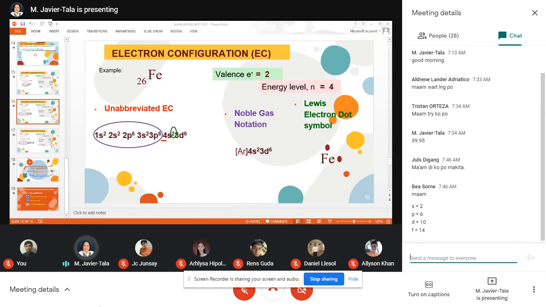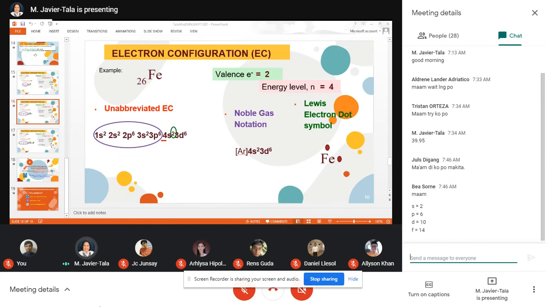Then in your Lewis electron dot symbol, you will have to look at the highest energy level and the electrons that are contained there. So as you can see, for iron, we look at the highest energy level, which is 4. It contains 4s2. So there are 2 electrons.